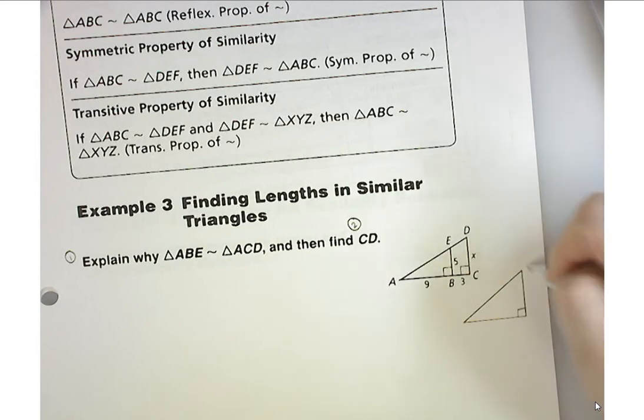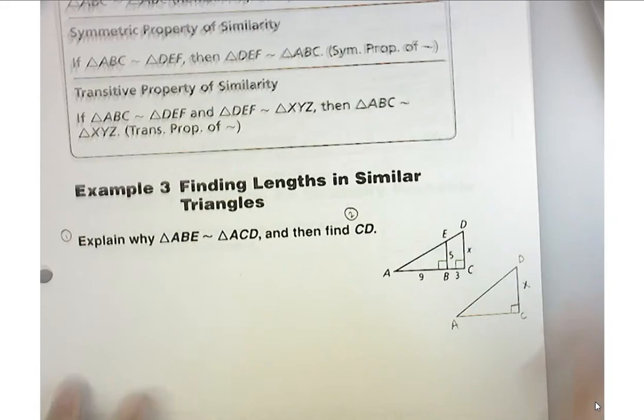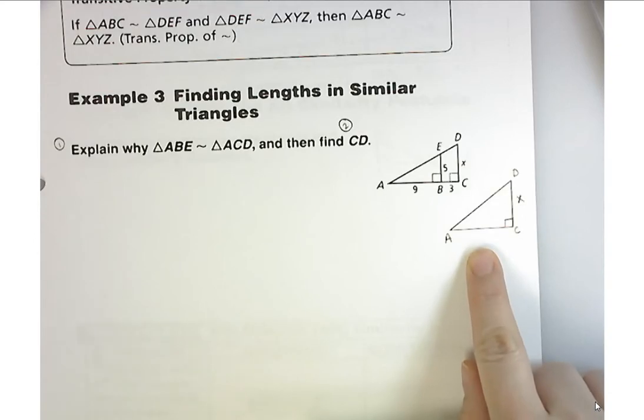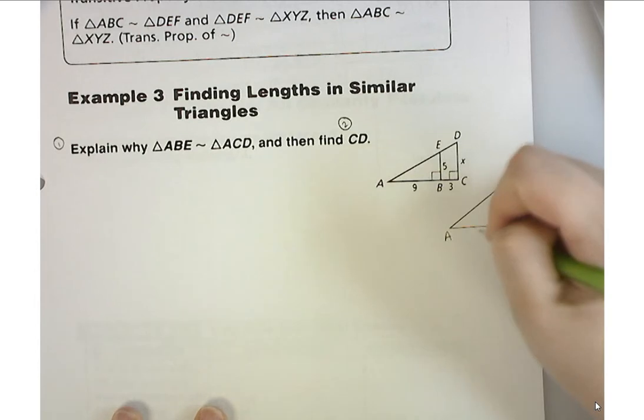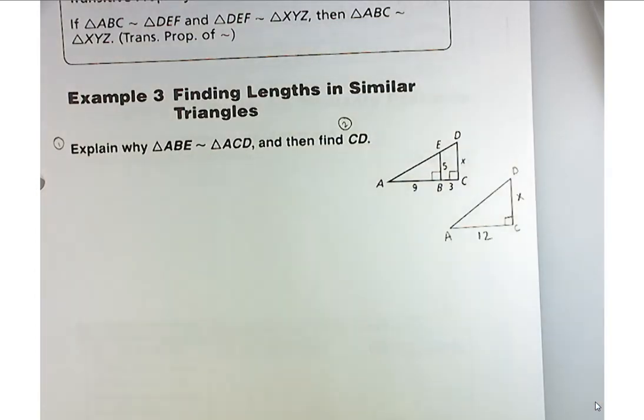Okay, so I have DCA, and then I can label that with X. Now, what would AC be? 12, right? Because 9 plus 3 would give you 12. Okay, and then I have my smaller triangle.